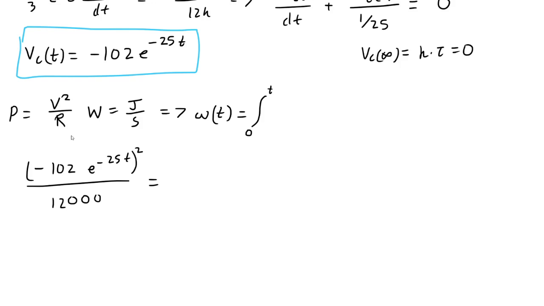So this is going to be, what's 102 squared? 10,404 or something. So that's going to be 0.867 e, and we're going to have the 2 go inside, so it becomes minus 50t, just exponent rule.